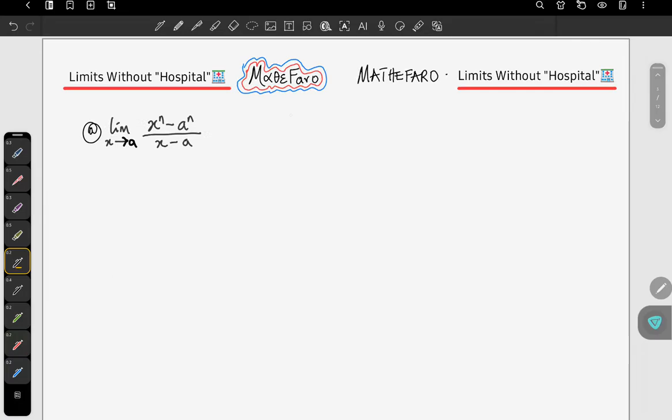So for a course where you've not been taught differentiation yet, and you're given questions on limits, the lecturer is expecting that you solve those questions without using L'Hopital's rule. So it's a good trick to have in the back of your mind to be able to solve questions without the use of L'Hopital's rule. So how do we actually solve this particular question?